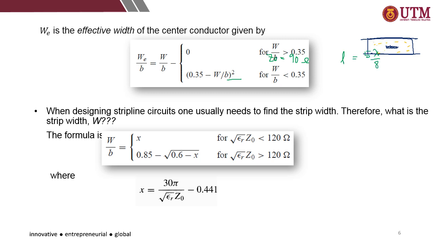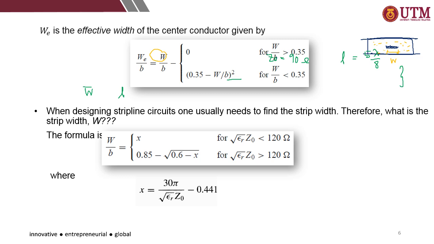Due to the different properties of the materials that the strip line is exposed to, we need the effective width. The width here is W, so WE is the effective width due to the surrounding materials or some surrounding environment to the strip line.